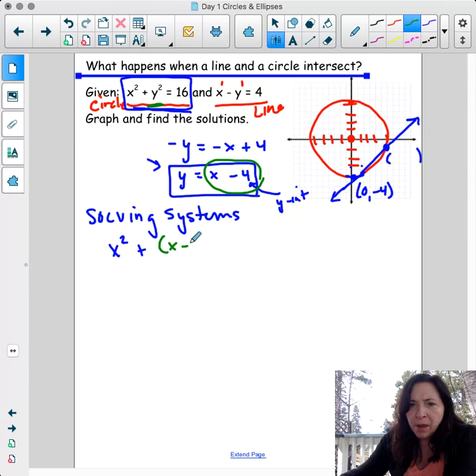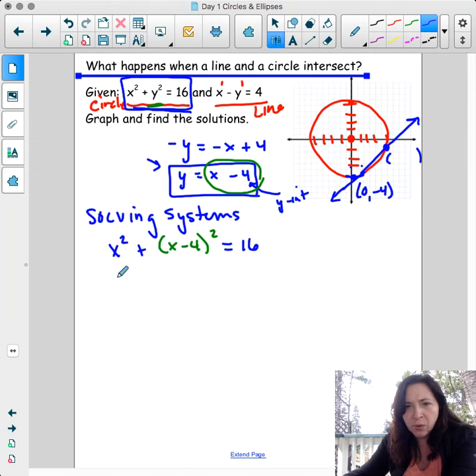x minus 4 quantity squared is equal to 16. See how I plugged my y value right here into the circle equation. So we have x squared plus, now I have to FOIL that. So we're going to get x minus 4 times x minus 4 equals 16.